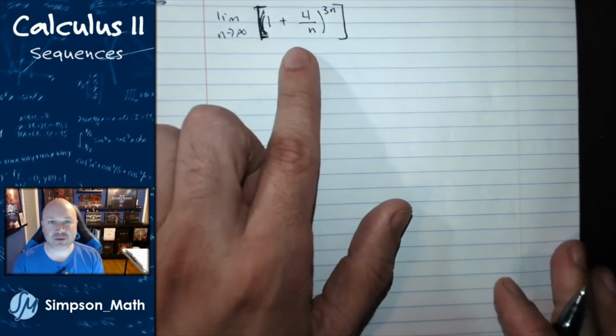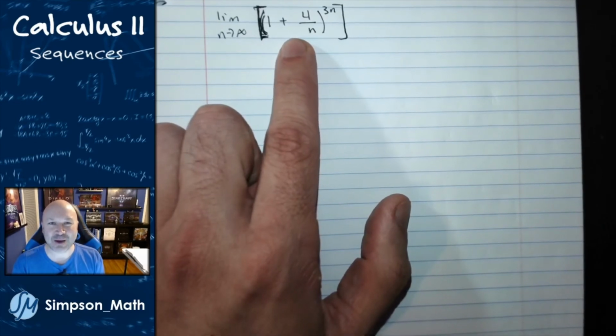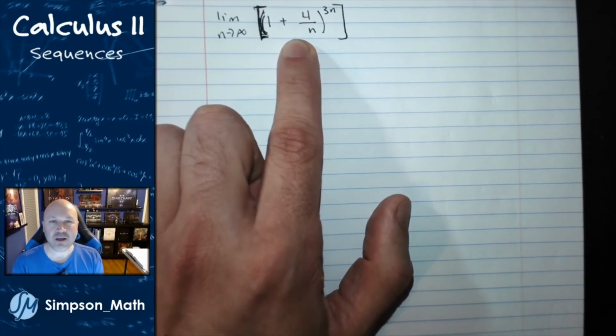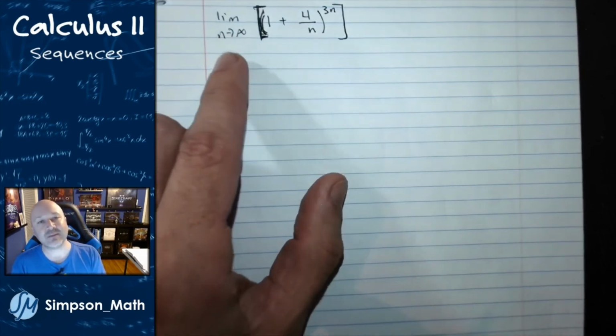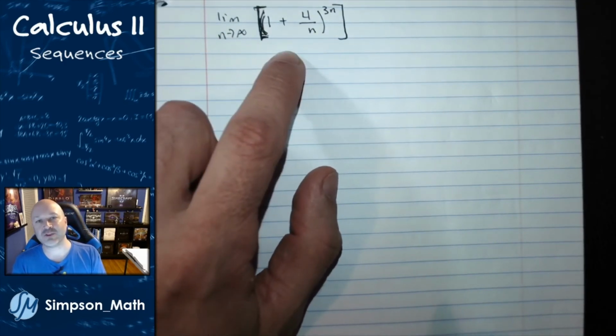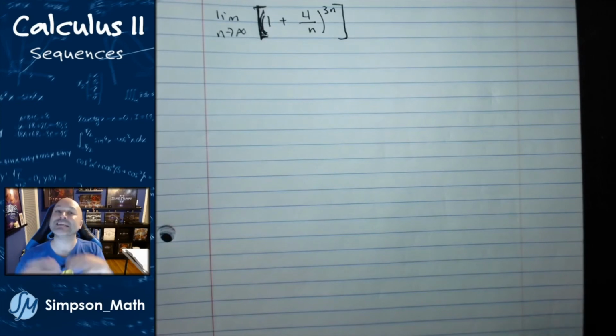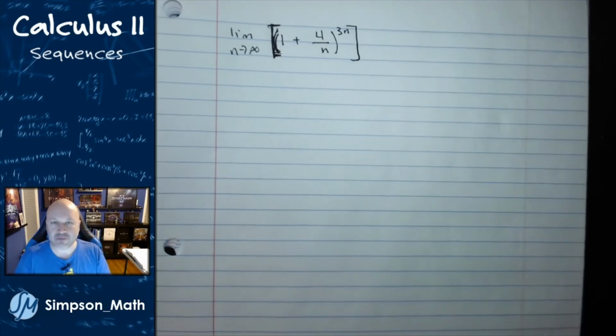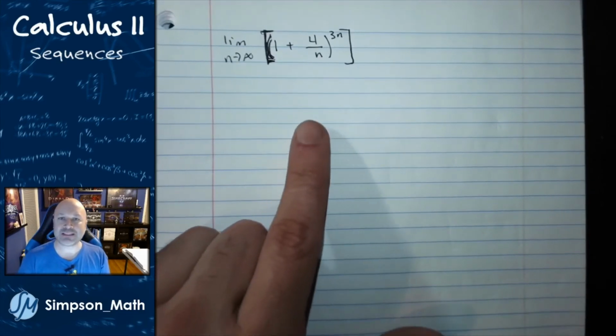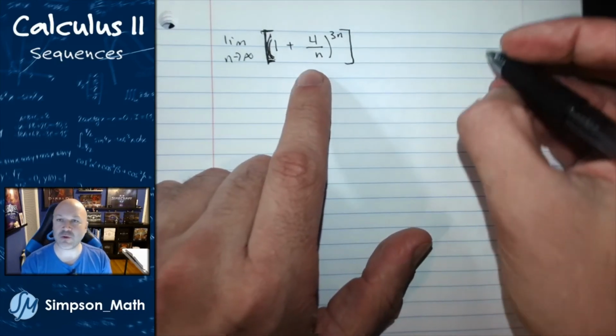I've got this binomial, 1 plus 4 over n, that's being raised to the 3nth power. I want to find the limit of this thing as n approaches infinity. As n gets bigger, what does this sequence do? In the previous example, I said if you could get the first few terms of the sequence, that may be helpful.